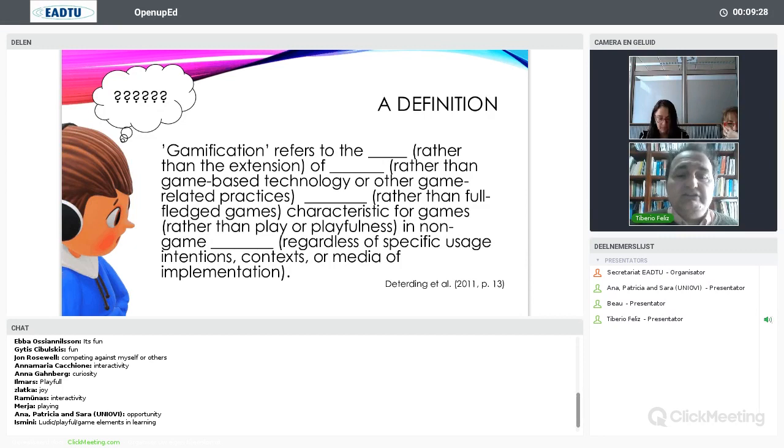So this is the detailed definition, from 2011. And as you see, it's with blanks. Using blanks, that means mutilating the text, is to keep attention, to make you pay attention, because you do not have all the information.